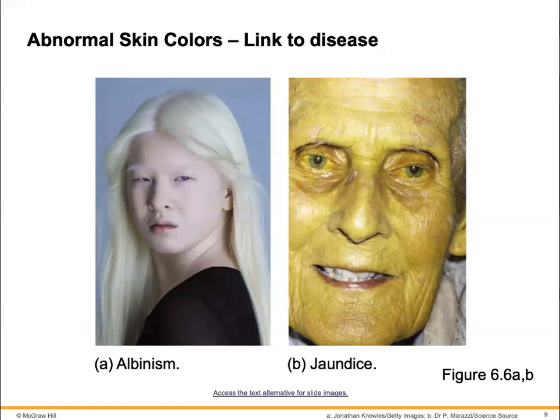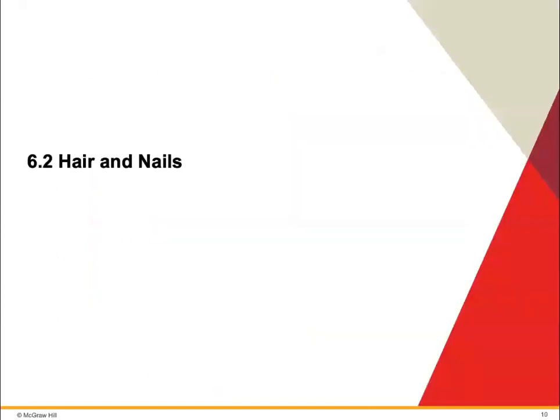Hematomas are when you get the bruising, which is truly clotted blood underneath your skin. And there's lots of other variations to skin pigmentations and colors that can detect if there's any type of pathogenic issues. So switching from the skin, I want to talk about hair and nails.